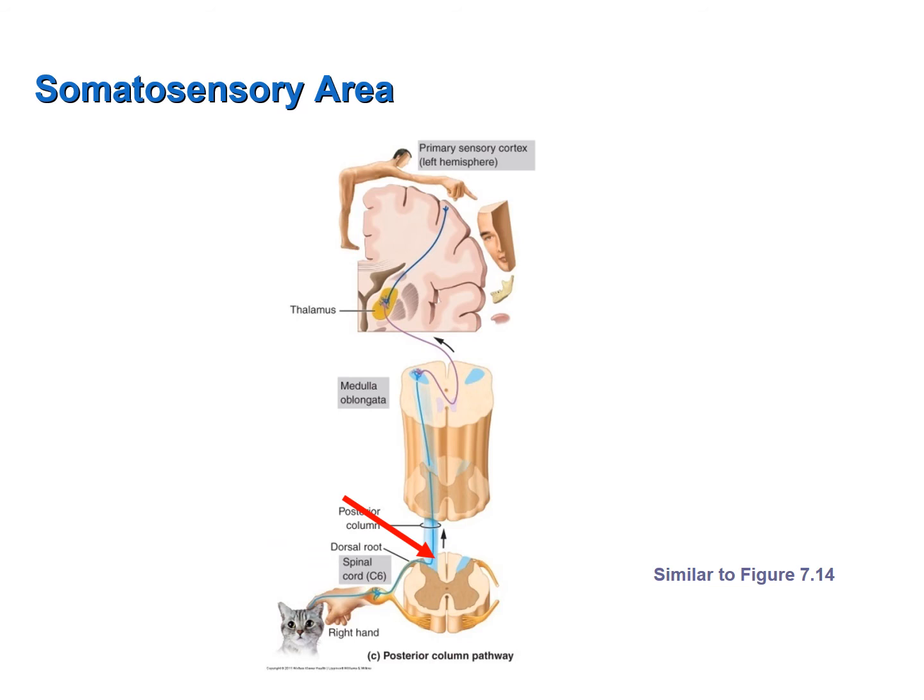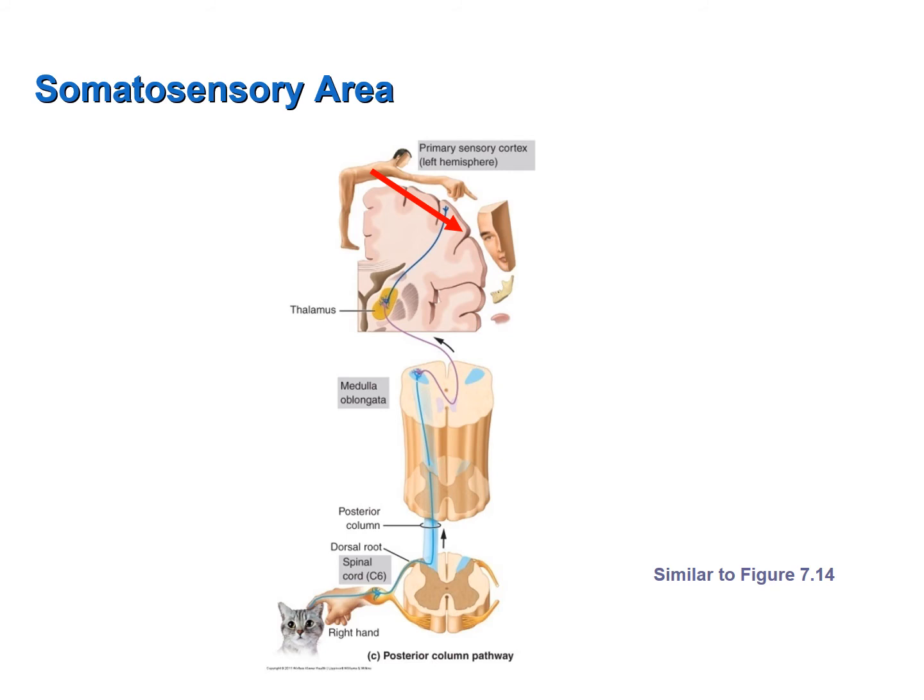From there, they would move up the spinal cord, eventually crossing over in the brainstem, the medulla oblongata in this particular case, and then the sensory impulses would be sent to a specific location in the somatosensory area that receives sensory impulses from the hand.